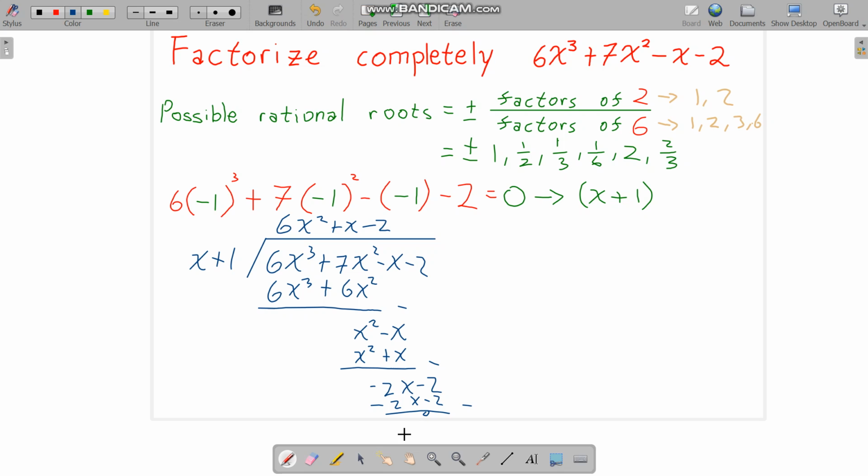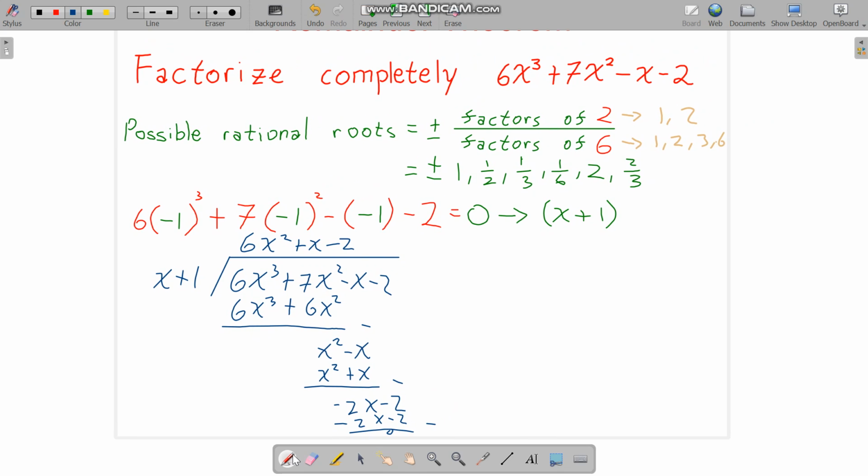So since we have the quadratic, now we can just use the quadratic formula or factorize. So this is equal to, if we factorize, minus 12, plus 1, plus 4, minus 1, 3x plus 2, 2x minus 1, 6x squared minus 3 plus 4 minus 2.